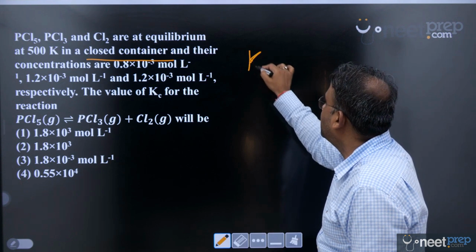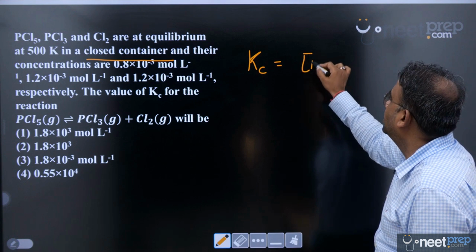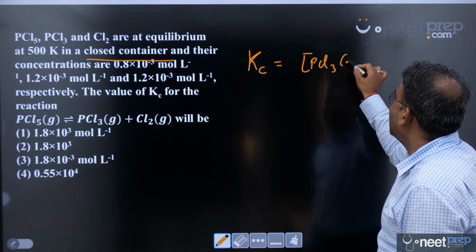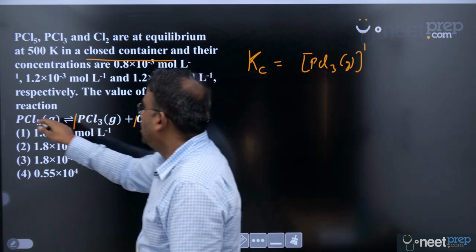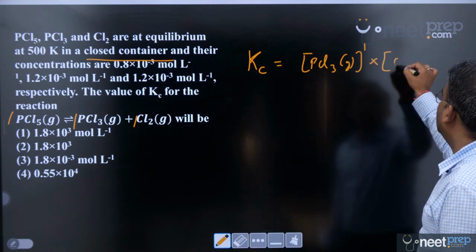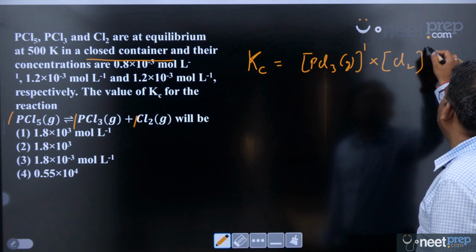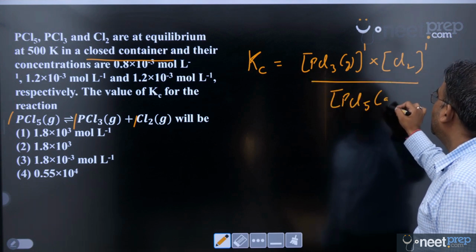So the expression for Kc goes like this: concentration of products raised to the power of their stoichiometric coefficients. This reaction is balanced. Concentration of PCl3 multiplied by concentration of Cl2, upon concentration of PCl5.